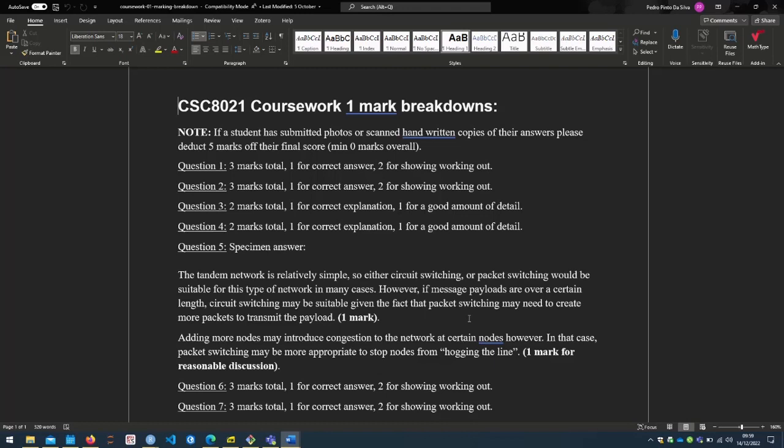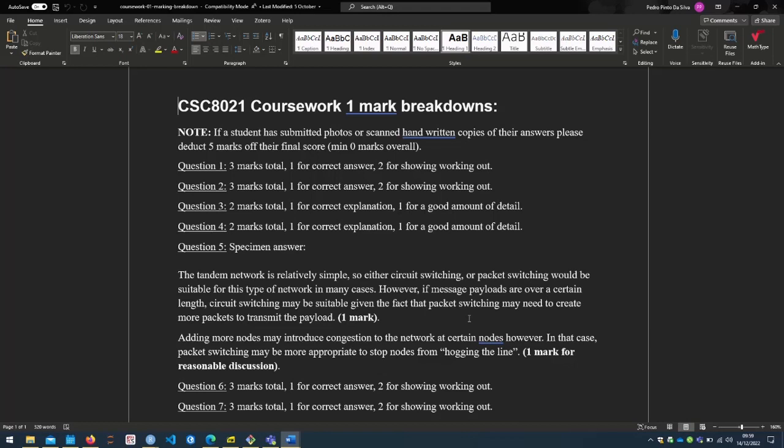So for the packet versus circuit switching part of the material, what's important is to understand the differences between the two types of networks, and in which cases one could be preferable to the other, so the pros and cons of each type of network and the situations where one could be more appropriate than the other to solve a specific problem.